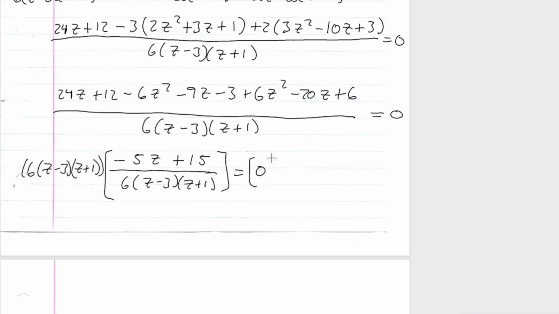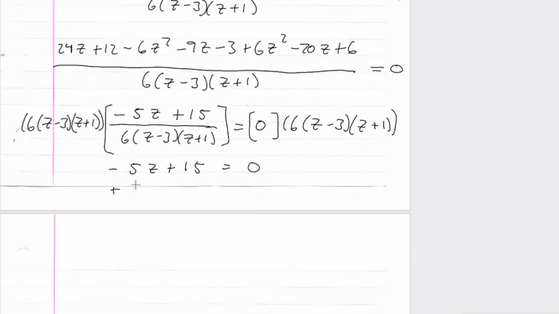And then whatever I do to one side, I have to do to the other. So 6 times z minus 3 times z plus 1. And then I'm left with negative 5z plus 15, because these cancel, right? And then equals 0 times anything is 0.